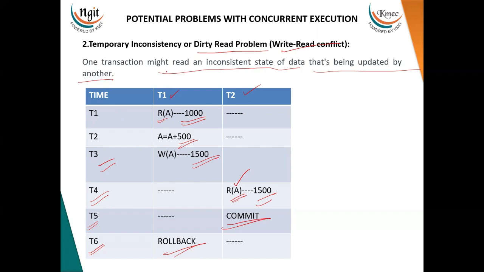Here, one transaction might read an inconsistent state, as this T1 has not entered a commit state. Before entering into the commit state, T2 transaction has entered and read the account A, so we can say that this leads to an inconsistent state of data. This kind of conflict is known as write-read conflict.